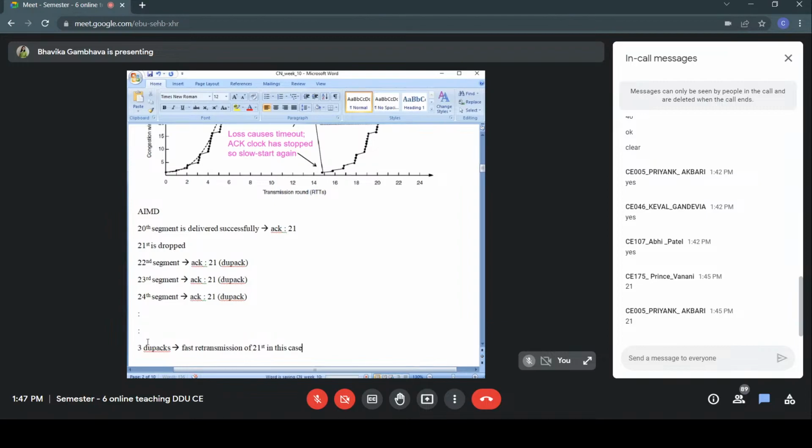Why? Because the transmitter thinks like this. It has sent the 20th and got an acknowledgement of that, so up to 20 everything was fine. Now it is getting a duplicate acknowledgement of 21, another duplicate acknowledgement of 21, yet another duplicate acknowledgement of 21. So at least 3 segments which were sent after 21 were successfully delivered at the receiver.